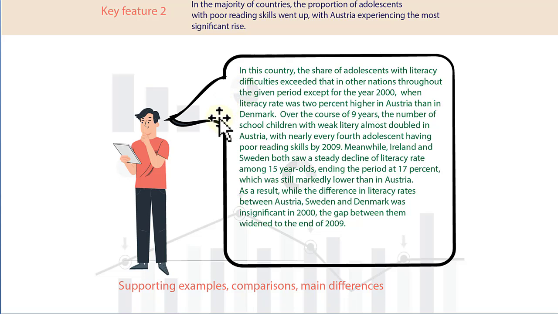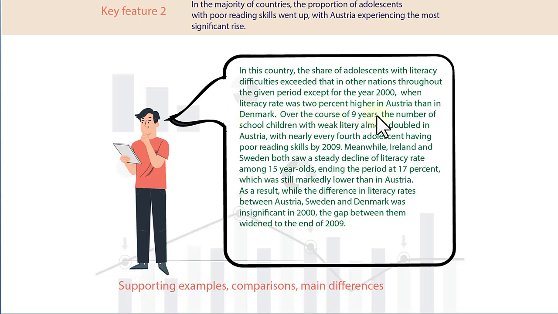So in this country, and we are talking about Austria right now, right? The share of adolescents with literacy difficulties exceeded that in other nations throughout the given period, except for the year 2000, when literacy rate was 2% higher in Austria than in Denmark.